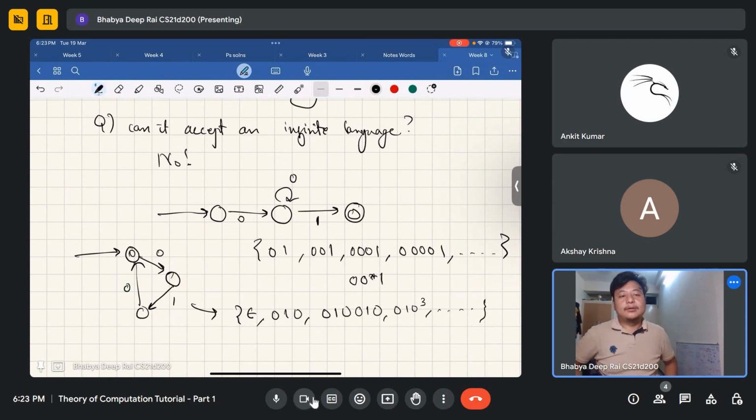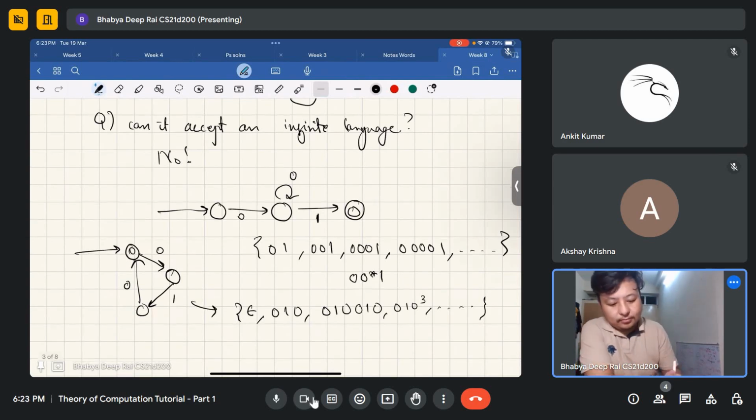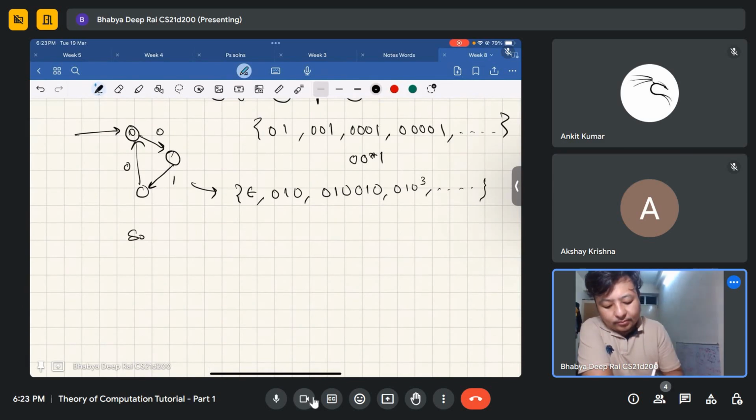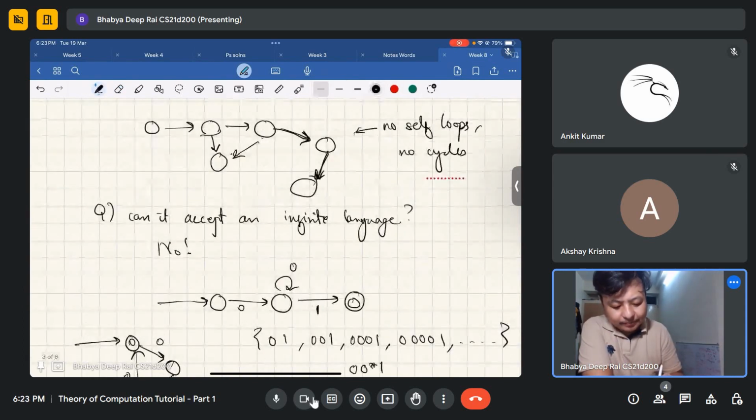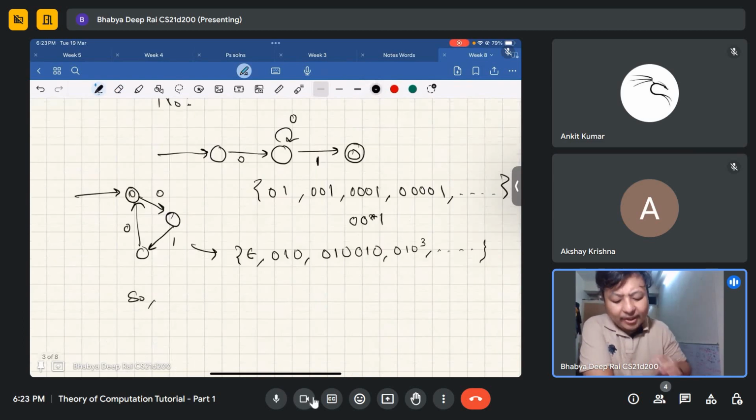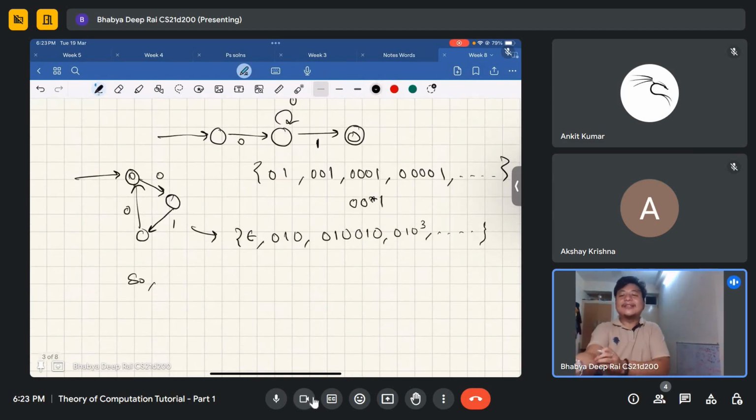Okay. So, number of states. Now, what does it mean? Why? What does it have to do with the length of the string? Now, here's a nice trick.